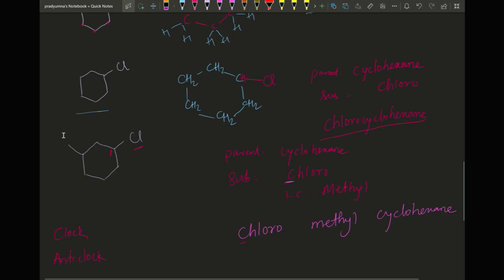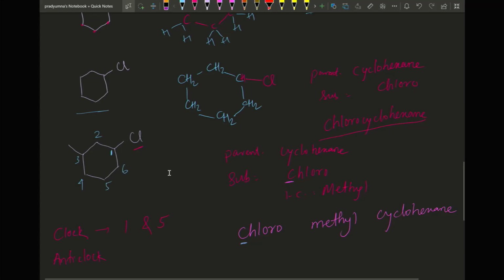Then we're gonna do clockwise. So if we do clockwise, 2, 3, 4, 5, 6. So which two numbers have our substituents? 1 and 5. Okay, let's do anti-clockwise. So the anti-clockwise, chlorine is going to be 1 because that's alphabetically first. So 2, 3, 4, 5, and 6.